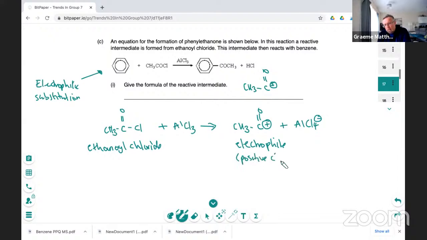Have you ever taken the exam and forgotten what you're doing? As soon as you see a ring system like benzene, it's electrophilic substitution, because those aren't double bonds in the ring, they're delocalized pi bonds. So I know it's going to be positive, whereas the other one with the carbonyl was nucleophilic substitution.